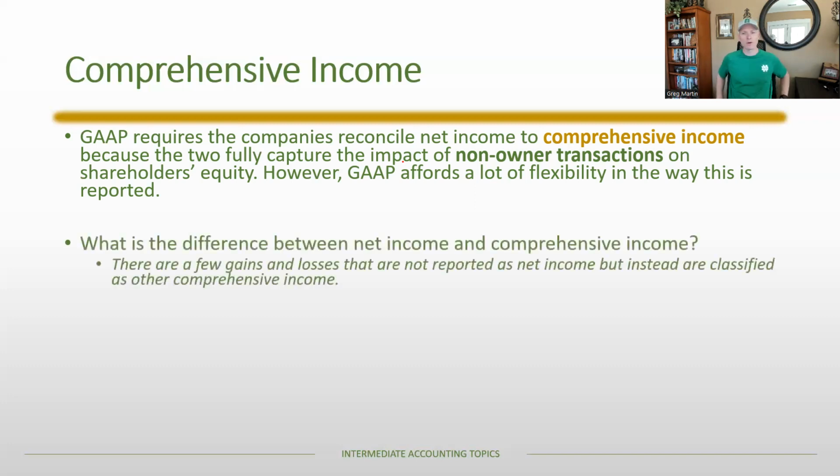So what is the difference? Well, there are some gains and losses that are not part of net income. There are certain things that deal with foreign currency, pensions, and certain types of investments where there is a change in the value or a change in an estimate, but it's not realized, or it's not clear how it's going to be realized.